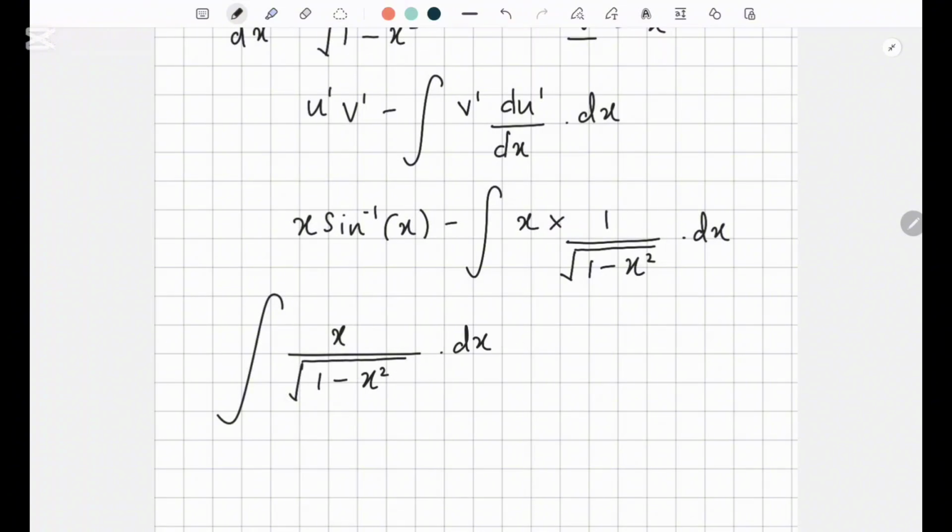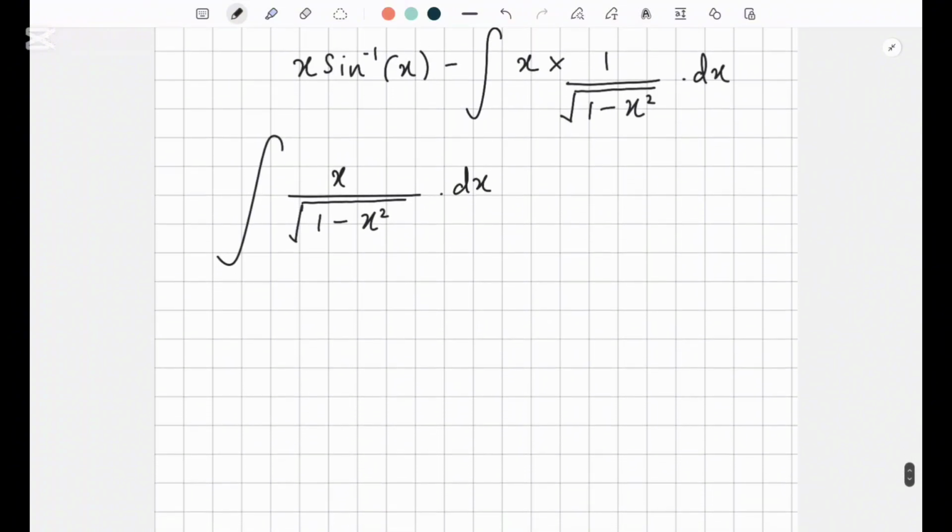This is easy. How do you integrate this? Let me take a substitution of t equals x squared. So if t equals x squared, we have dt over dx equals 2x, right? So dt over 2x equals dx.